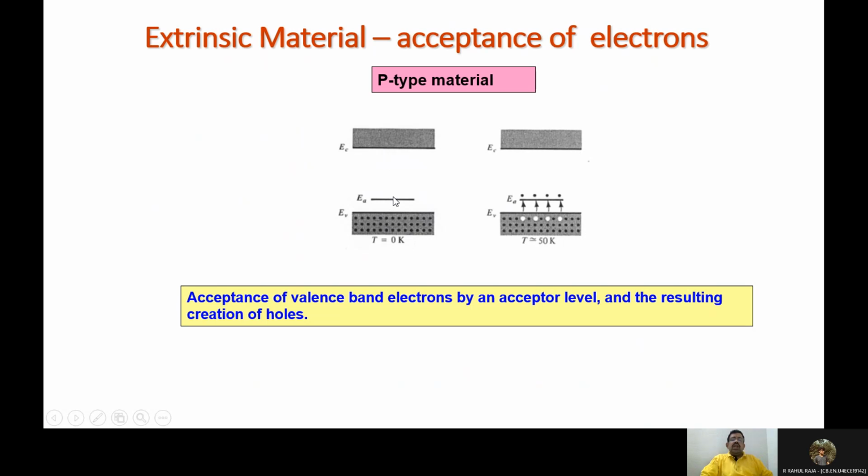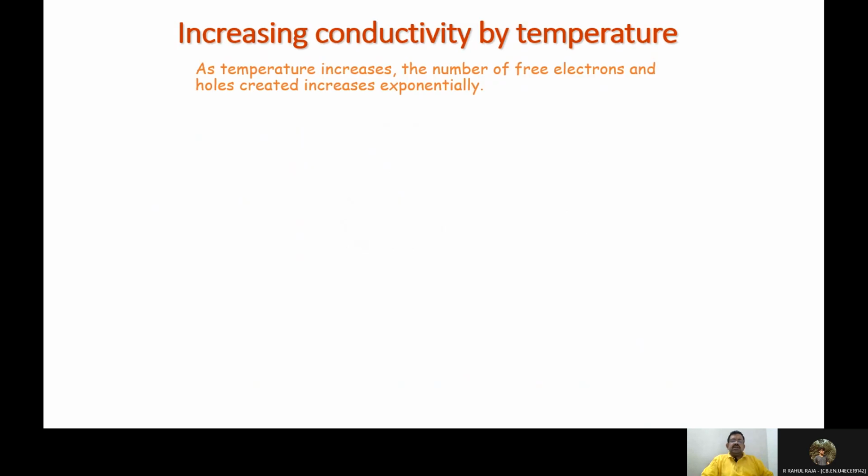But if there are no levels for the electron to occupy, then though the probability according to the Fermi-Dirac distribution function is there, the electron will not be there because there are no available states. So the probability function can have a value, but you cannot find electrons here because there are no available states. Okay, this is a forbidden region, which means a region where you cannot find an electron.